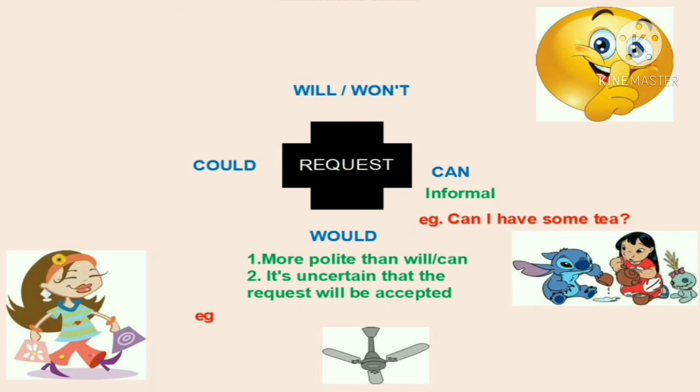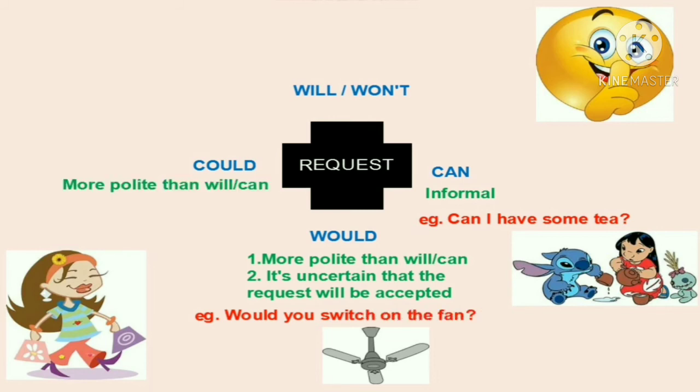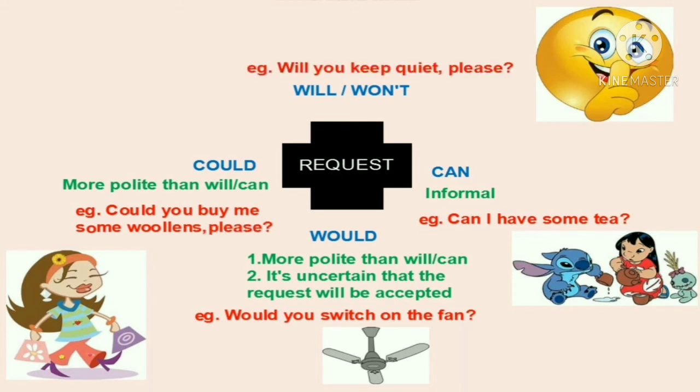For example, would you switch on the fan? Could is used and is more polite than will or can. Example, could you buy me some woolens please? And will and won't, the example goes as, will you keep quiet please?